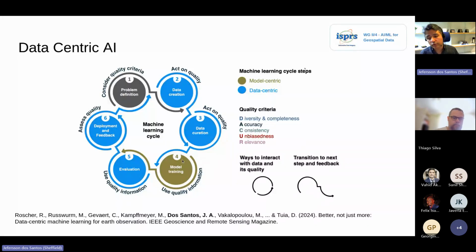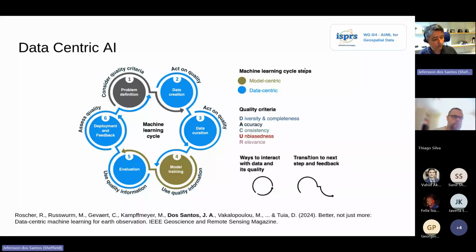So this is the machine learning cycle, and the literature so far has been focusing more on improving the model training aspects, but we have seen very few efforts in developing tools based on artificial intelligence for helping other parts of this pipeline.